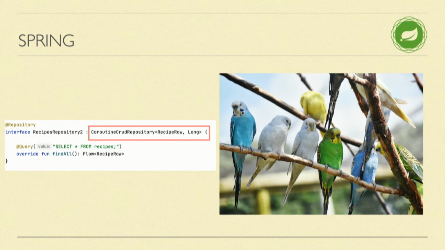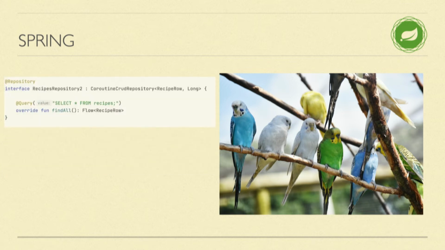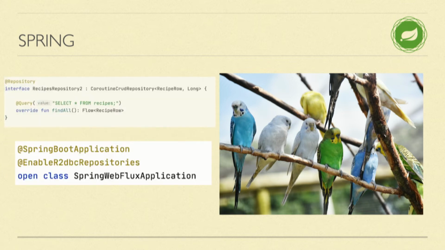This is the integration layer with my database. We're going to talk about it later on today. But it already shows that Spring is really hopping on the Kotlin train. Other thing is, you can just enable also all your reactive repositories, which will enable you to use that concurrent programming. So that's pretty cool.